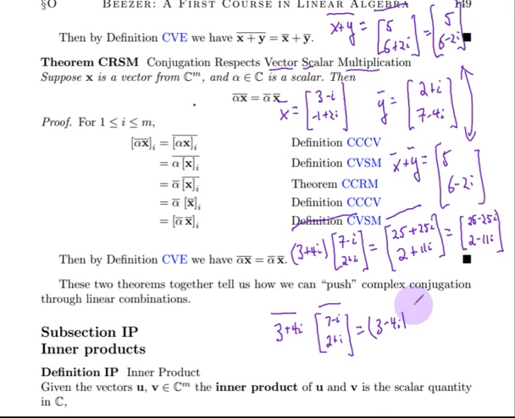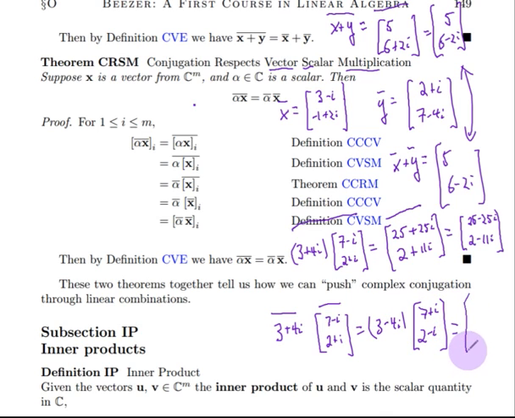The conjugate of the vector is 7 plus i, 2 minus i. Okay, that's kind of sloppy. Let me see if I can do a little better with that. That should be 7 plus i, 2 minus i.